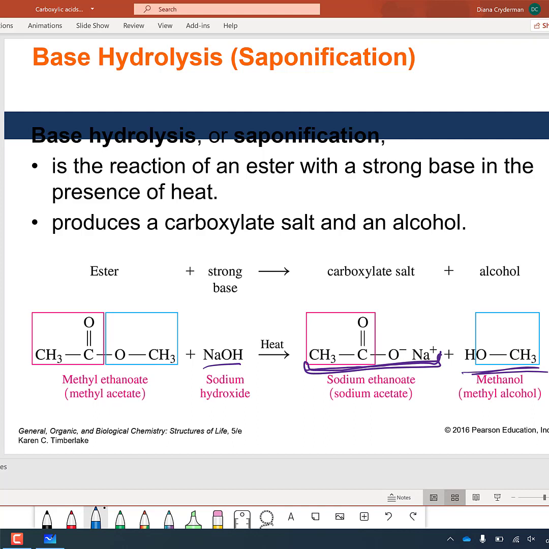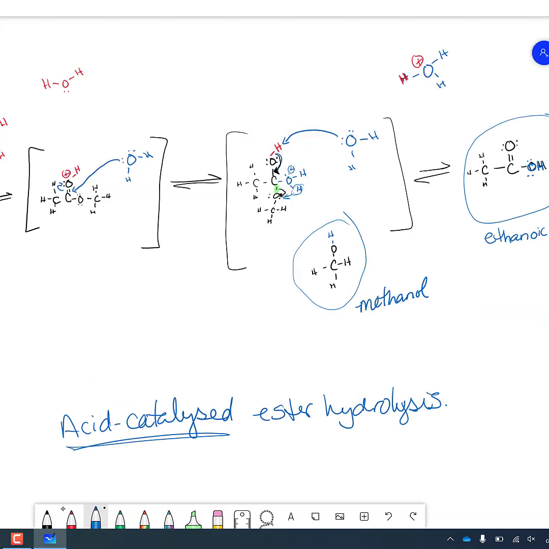So we're making a carboxylate salt and the alcohol. And so this is actually in the process of making soap. And when I say soap, I actually mean soap, like washing your hands. And so let's go to the whiteboard and see what this looks like. Okay, so we'll again start with a really simple ester.